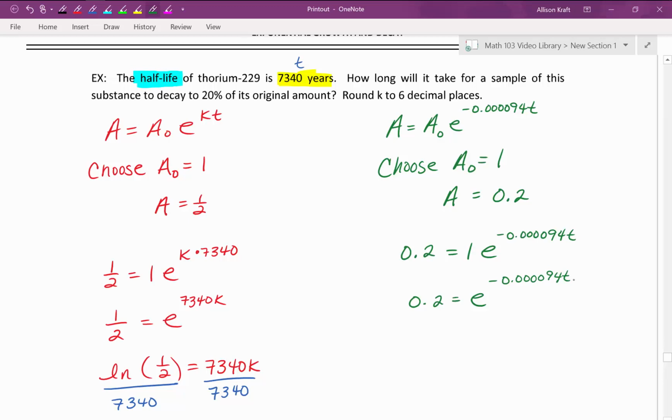We have an exponential on the right and a constant on the left. We're ready to rewrite it in logarithmic form. We get the natural log of 0.2 equals negative 0.000094t. To solve for t, we'll divide both sides.